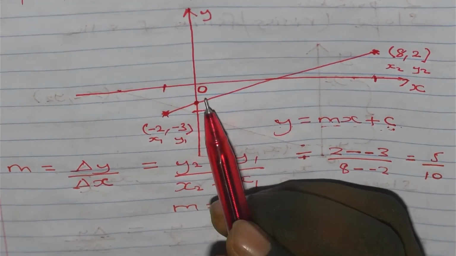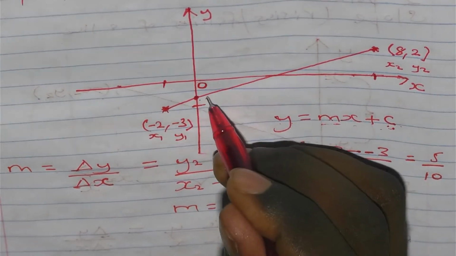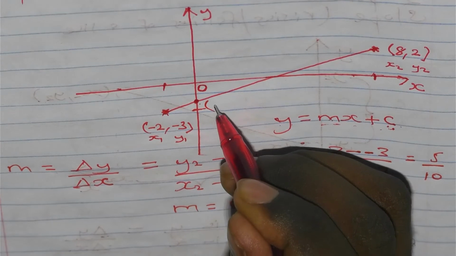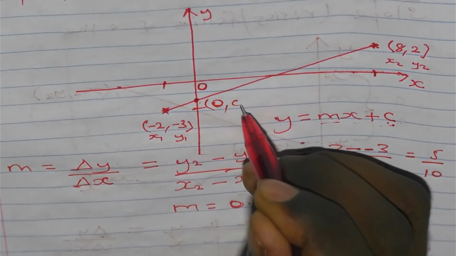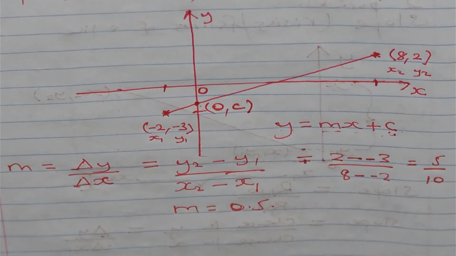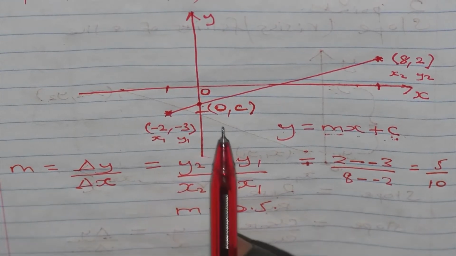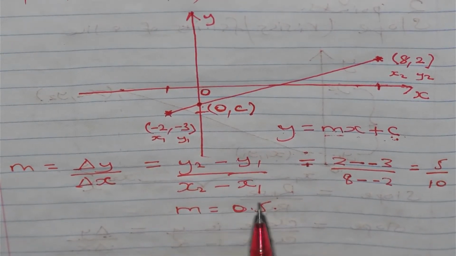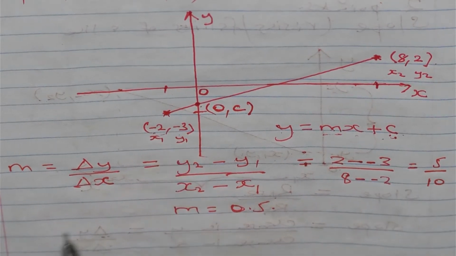So once we have our 0 here, we know that this point here, the x coordinate is going to be 0. The y coordinate, we are going to give it the arbitrary value c, which we don't know. It's what we are looking for, right? So we have (0, c). We have (8, 2), we have (-2, -3).